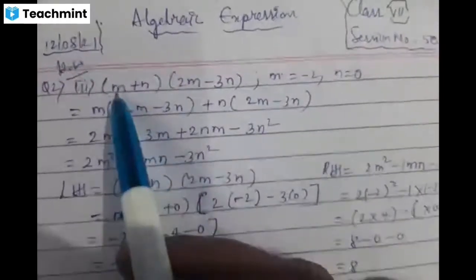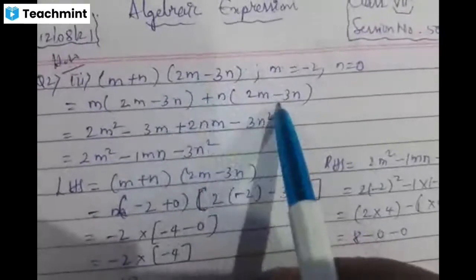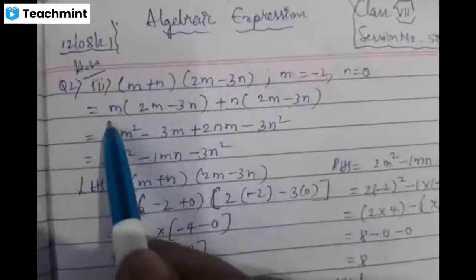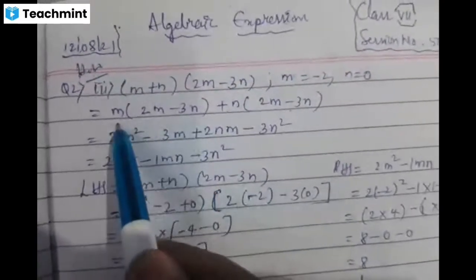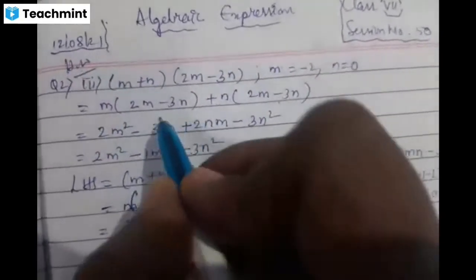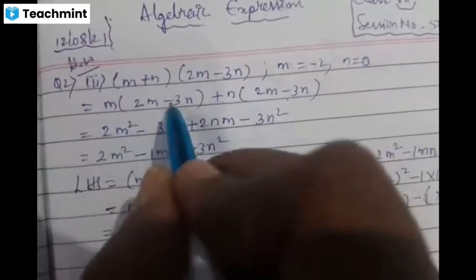The steps are m into second bracket plus n into second bracket. Here 2m into m is 2m square minus 3n into m, which is 3mn minus 3mn.